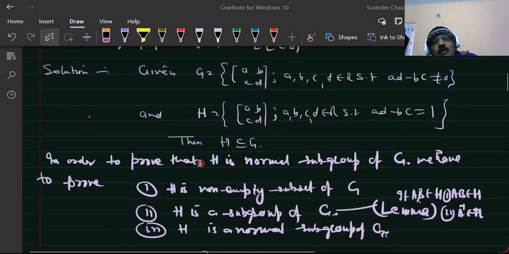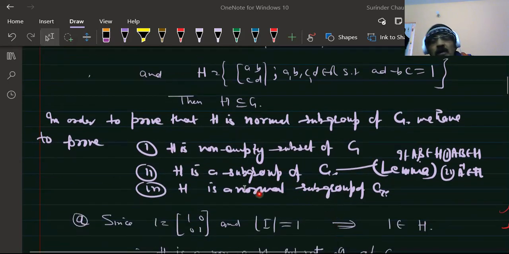Now, in order to prove that H is a normal subgroup of G, we have to prove that H is non-empty. In order to prove any subset to be a normal subgroup, we first have to prove that the subset is a subgroup, and then it will become normal.